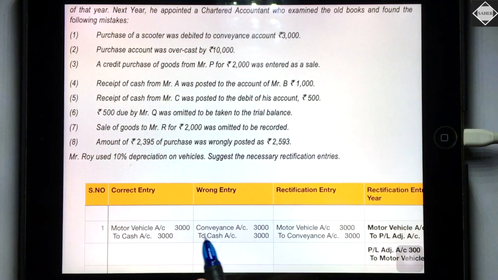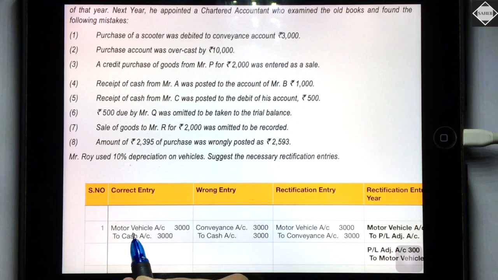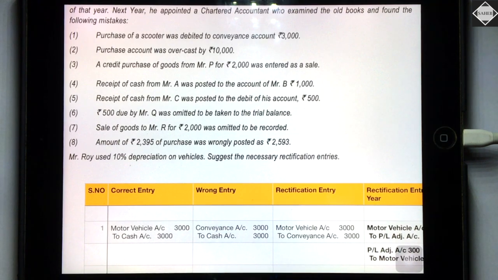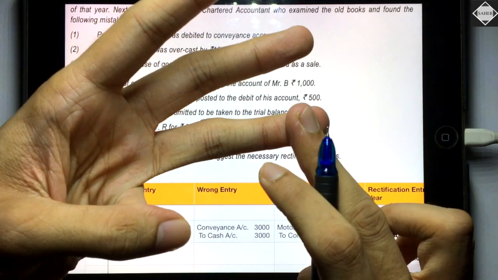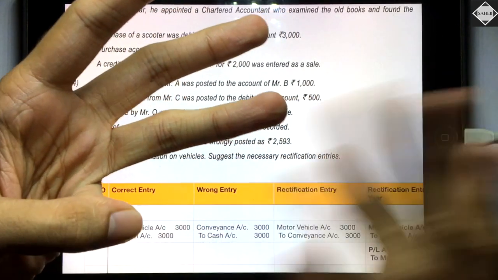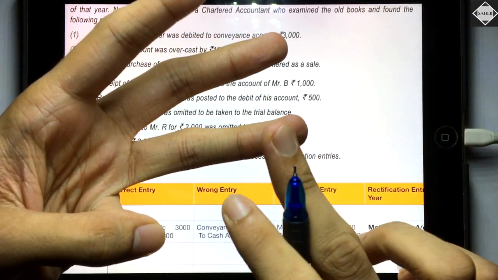What is not recorded? Motor vehicle was supposed to be recorded and it is not recorded, so we will record that. How will you record? See here, in the correct entry it was supposed to be debited. To record, you will debit it. Motor vehicle account 3000 debit. Is that clear? Fine. And what's the third part? The third part is, you will not touch whatever has gone right.